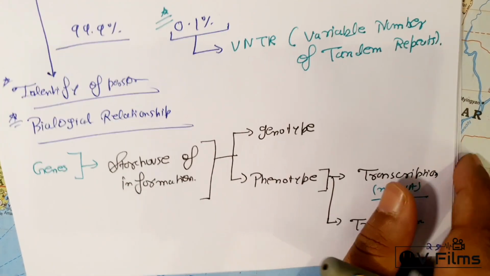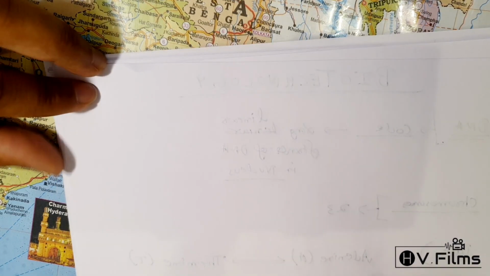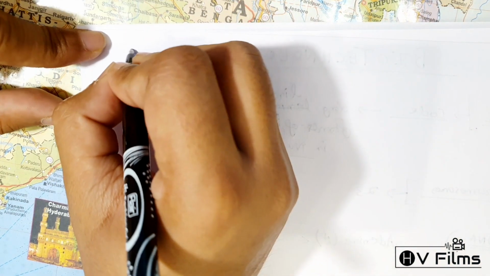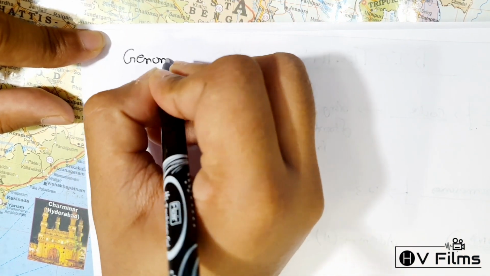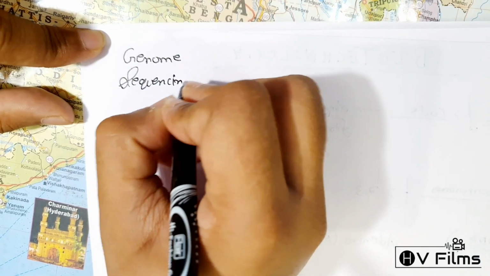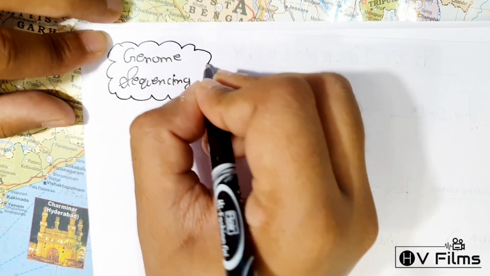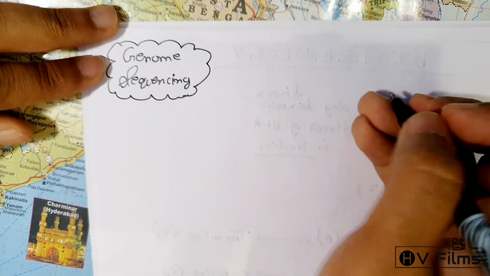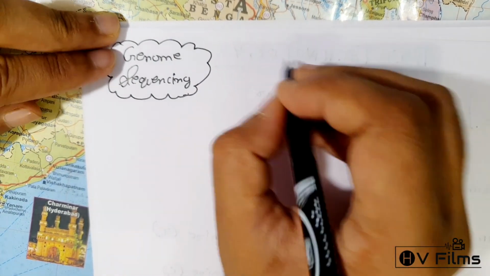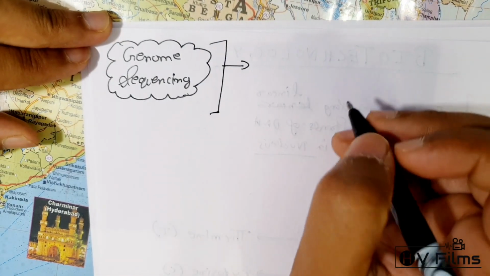The next thing that we're going to talk about is genome sequencing. Now, the full set of DNA present in an individual organism is called its genome.